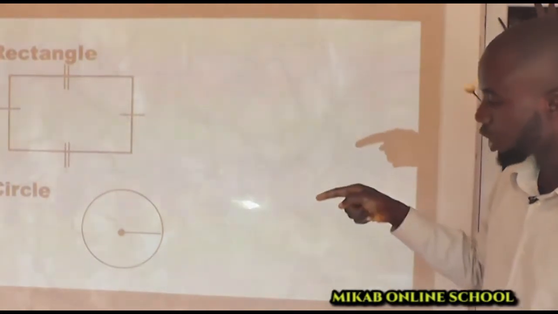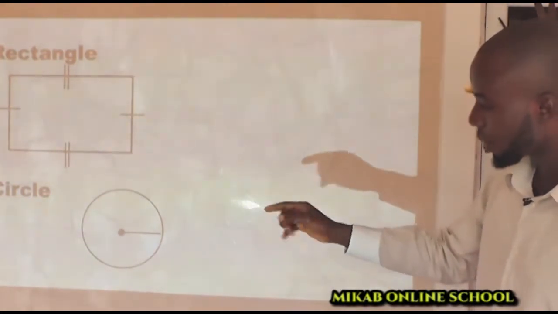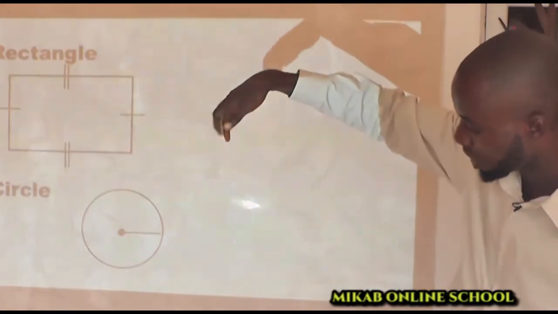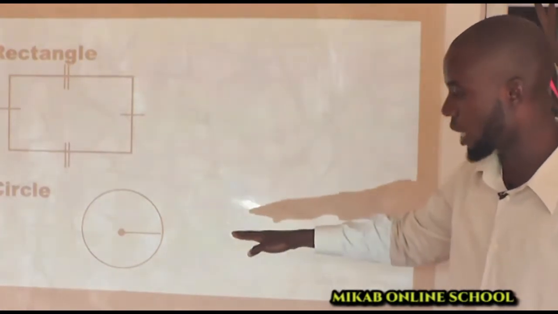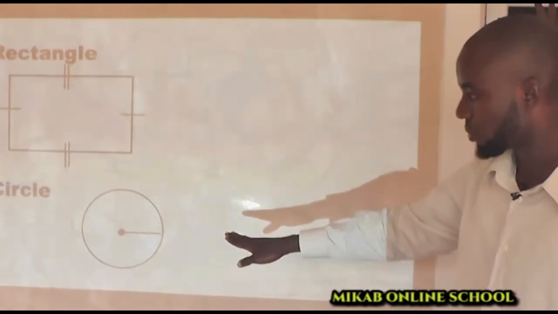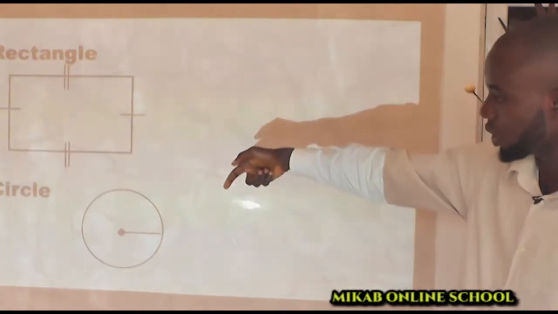The distance from that common point, which is the center, to any part of the circumference is referred to as the radius. That is one of the unique things about this circle.